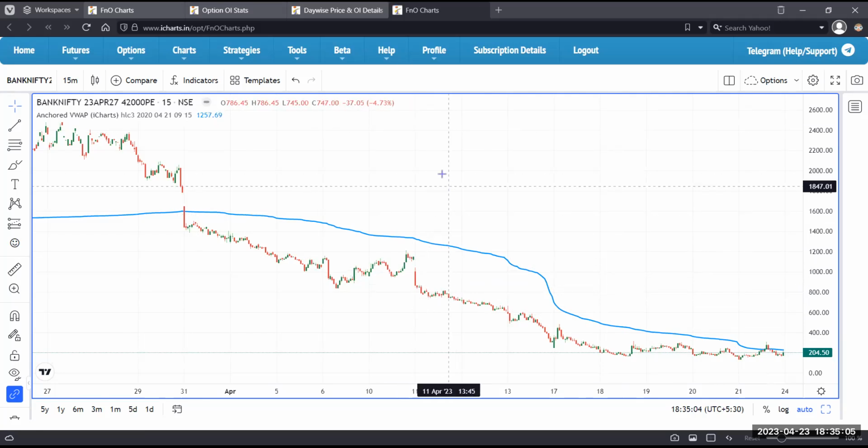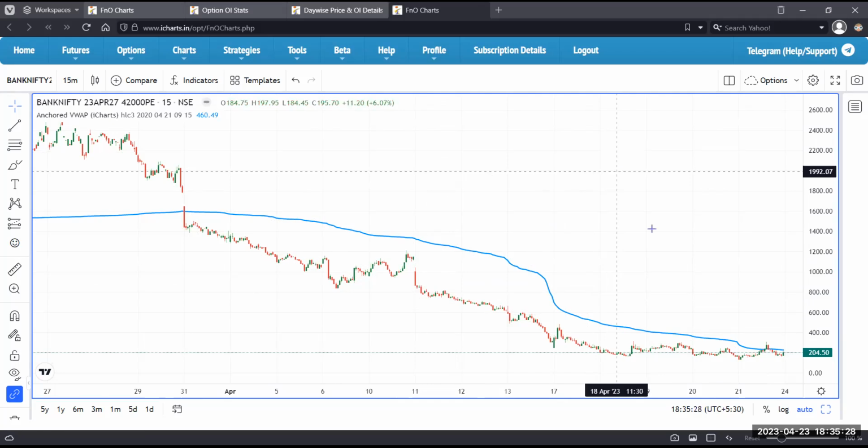Please mute. So, to start with, maybe not have AVWAP for all the options, but for significantly liquid options or significant strikes, for example in Nifty and Bank Nifty, these 42,000, 41,000.